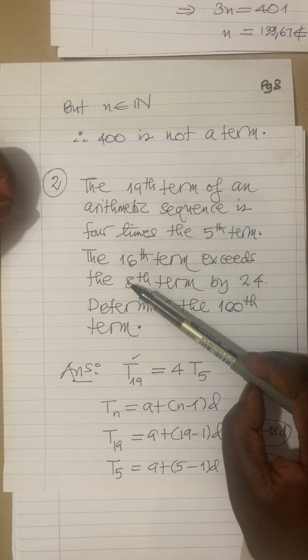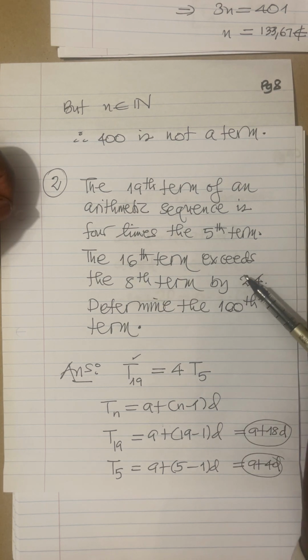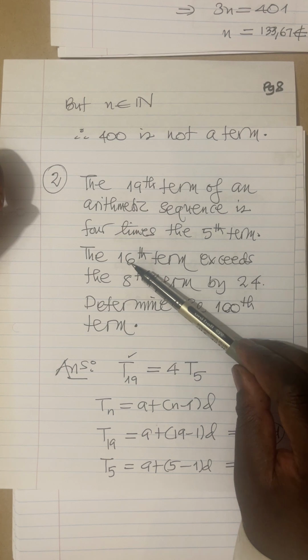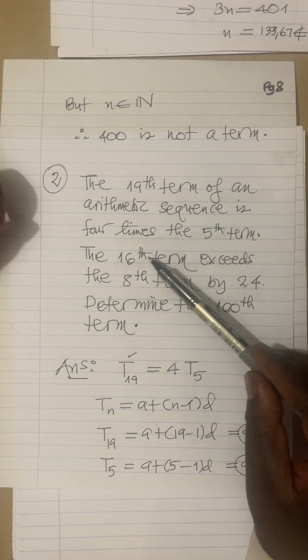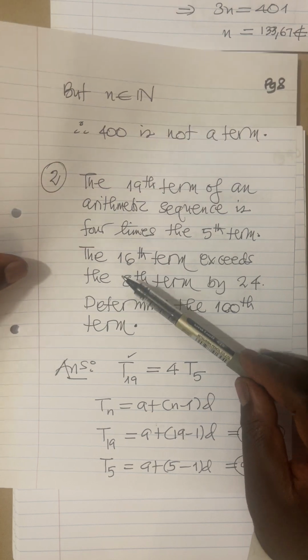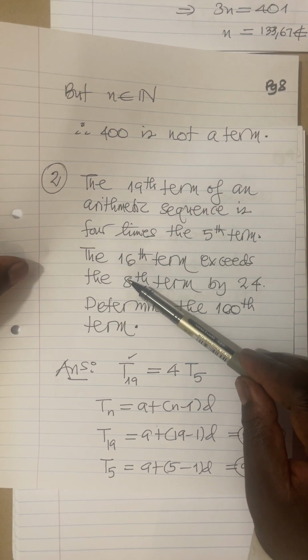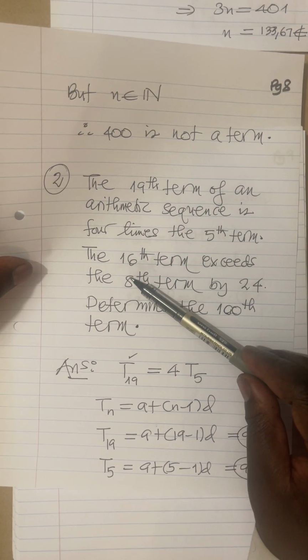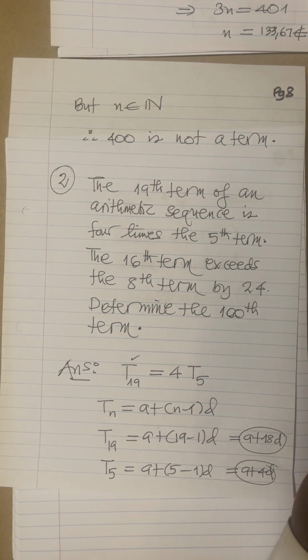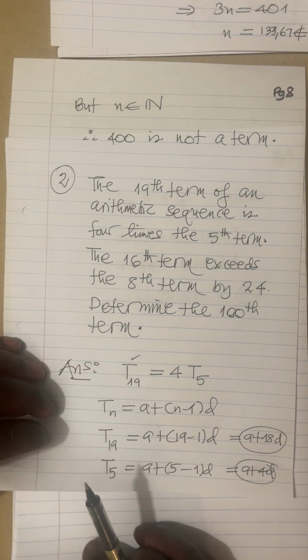So it means when I add 24 to term number 8, I should find term number 16. Or if I subtract 24 from term number 16, it should give me term number 8. Please just try and understand what I'm trying to say here. Term number 16 exceeds that term by that much. Let me give just a simple example so that you understand what I'm trying to say.